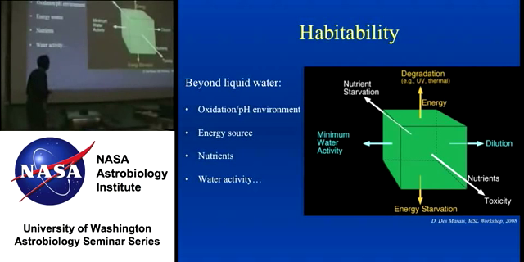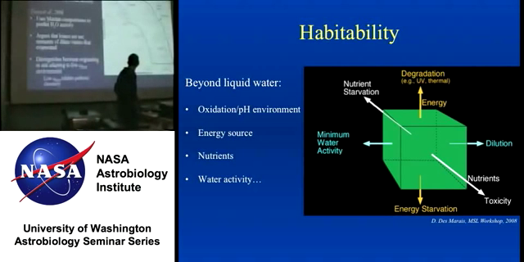And one thing that I really sort of grasp onto is this whole water activity concept, which can be very nicely related back to the mineral composition of a surface.